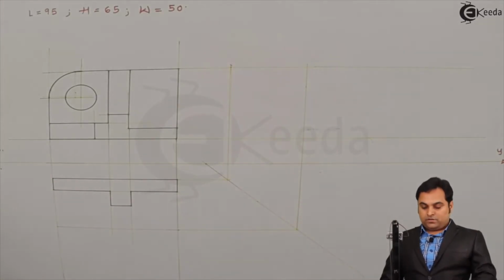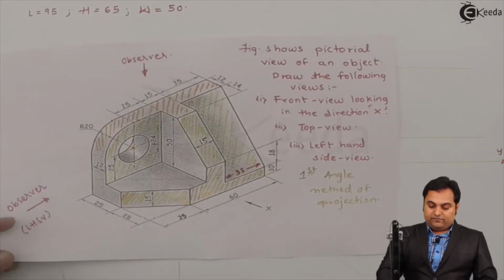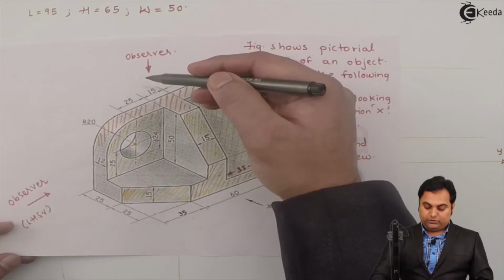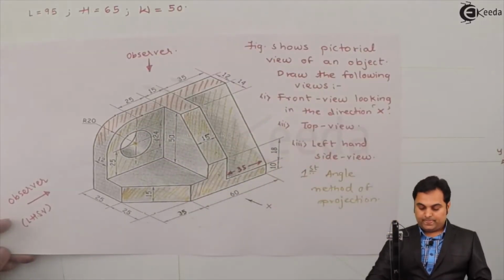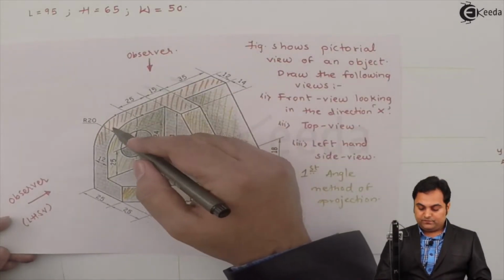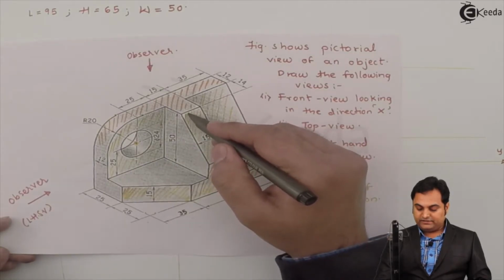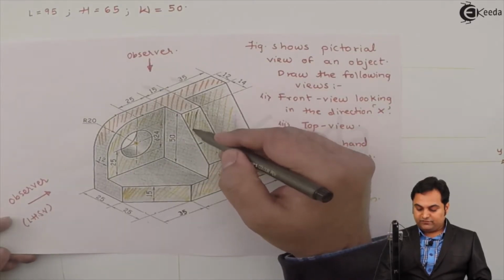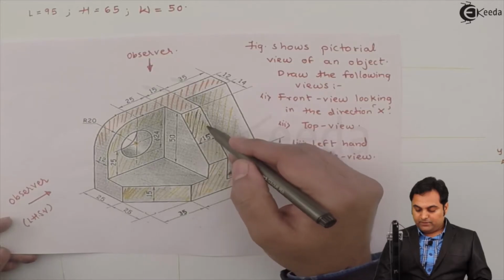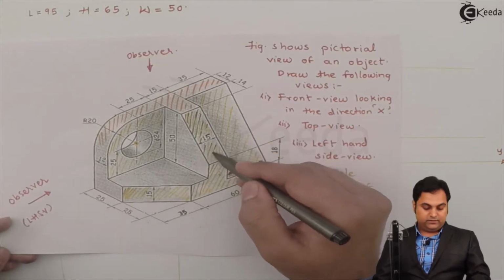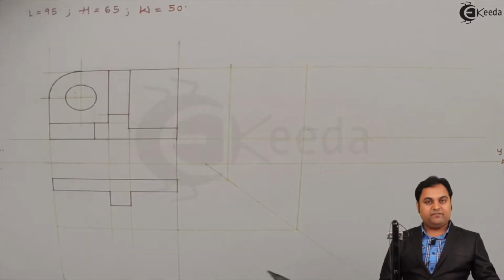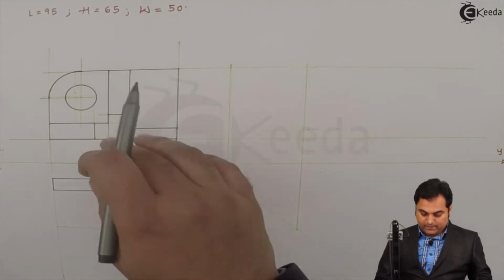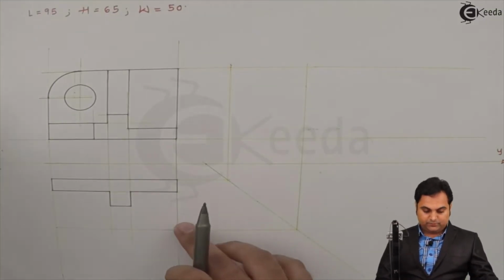Then as an observer, when I'm looking at the object from the top, in that case, after this portion, this inclined rectangle will also be seen from the top view, but it will appear as a straight rectangle. So its length we already have from the front view, and it is extended up to the end.